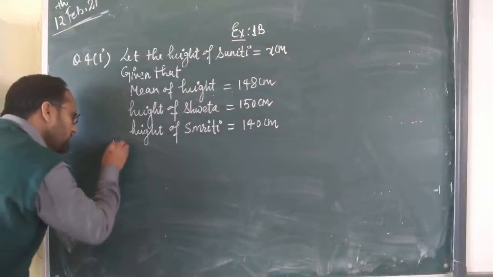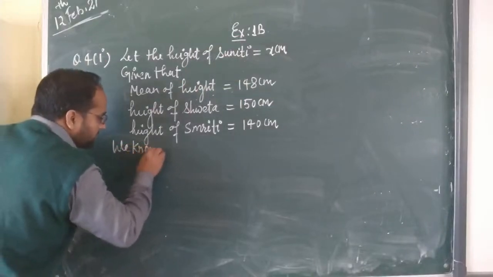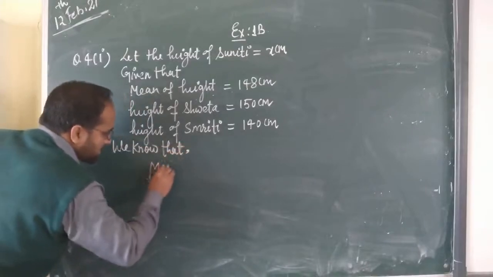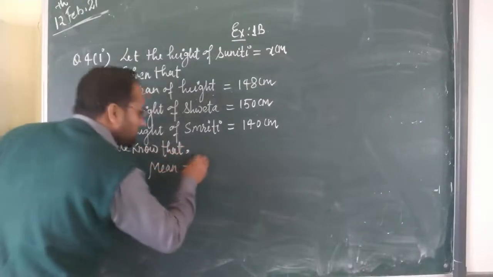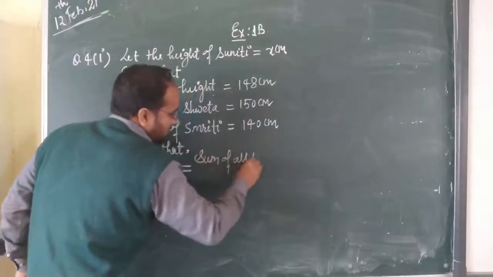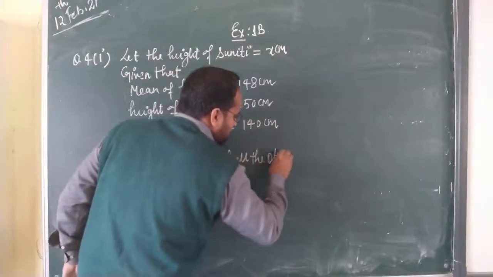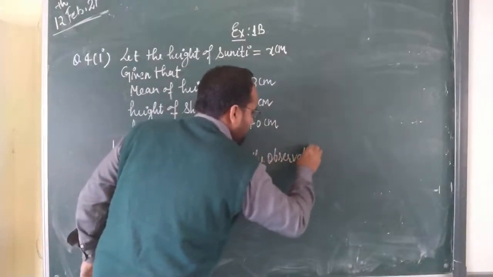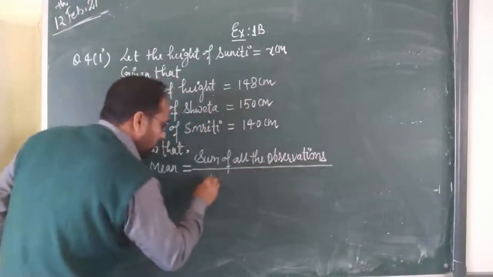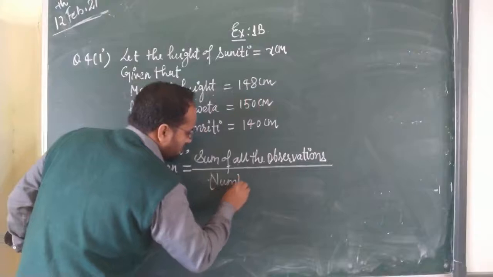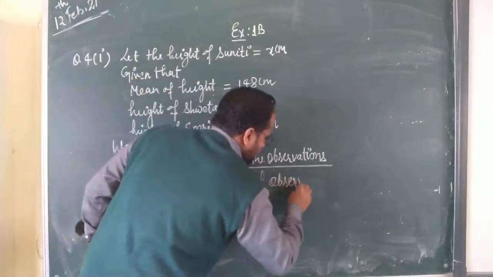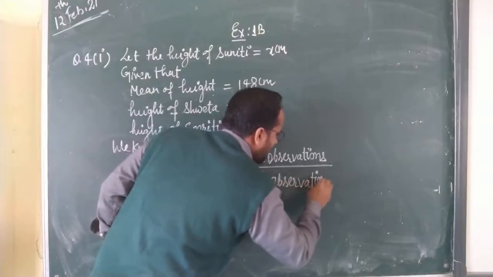So we know that mean is equal to the sum of all the observations upon the total number of observations.